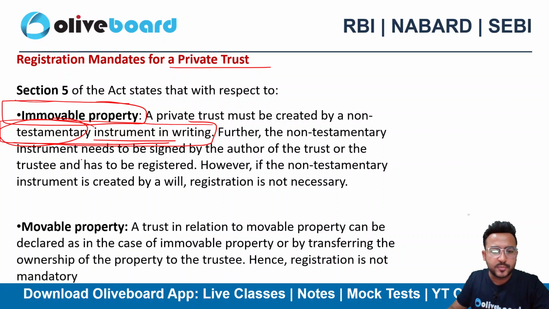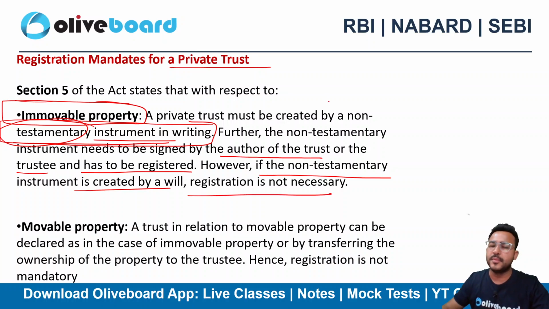Further, this instrument needs to be signed by the author of the trust or the trustee and has to be registered as well. However, if the non-testamentary instrument is created by a will, registration is not necessary.